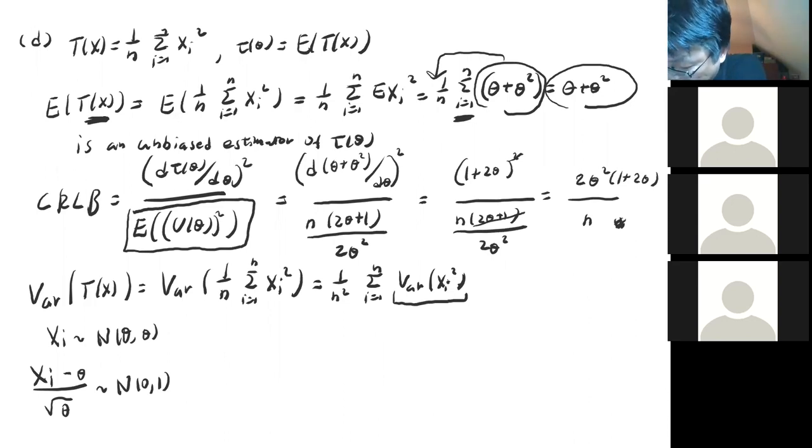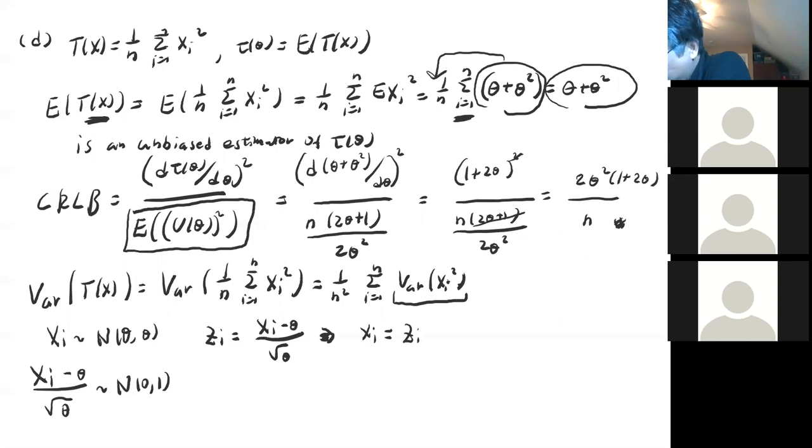If I say this is zi, zi is xi minus theta over the square root of theta, then I can basically show that xi equals zi times the square root of theta, plus theta.